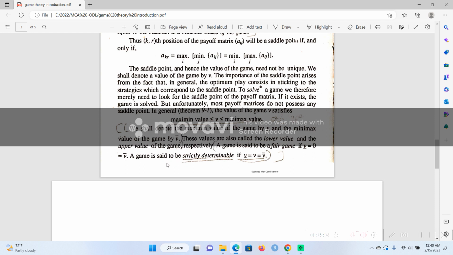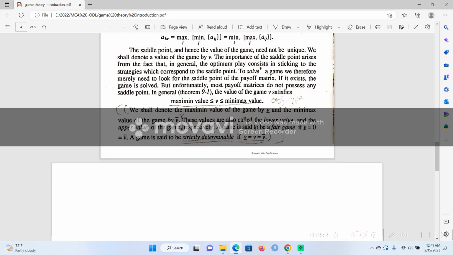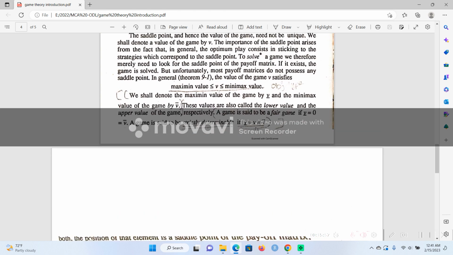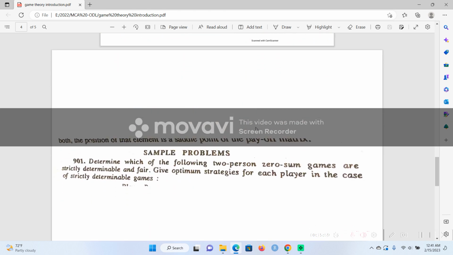Similarly, a game is known as strictly determinable if V lower bar and V upper bar are both equal and that equal value is equal to the value of the game V. So all those are equal. It is known as a strictly determinable game. These things we should remember to proceed further in game theory.